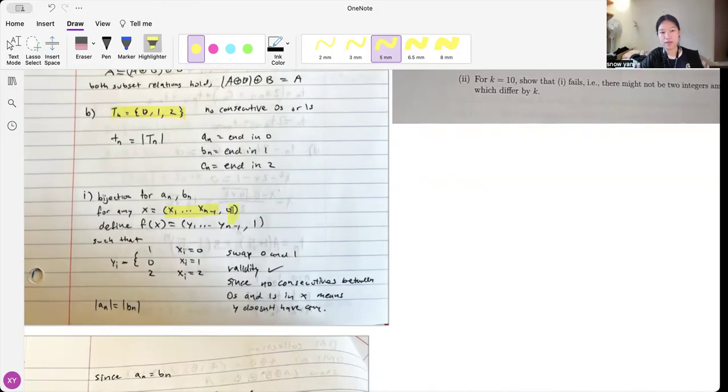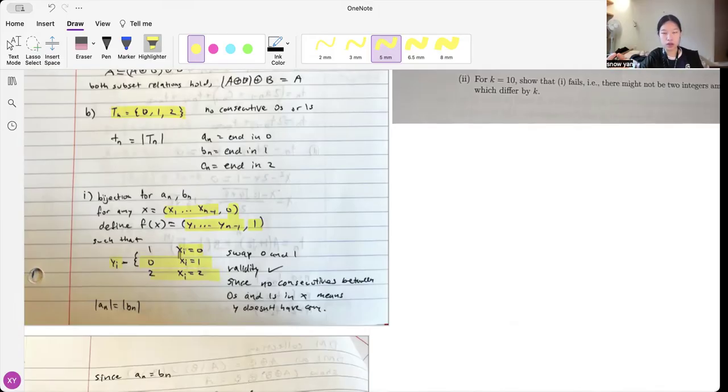So I sort of just define f of x to be y1 to yn minus 1 and then 1. Such that whatever my yi is, if xi is equal to 0, then I just do 1. So I just swap the 0 and 1 in this place, and I swap the 1 with the 0, and then 2 remains 2. So this is basically my function.